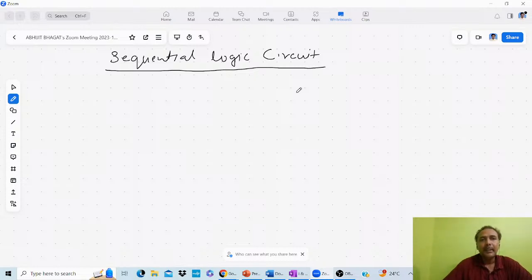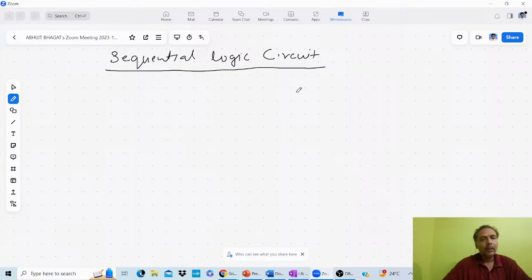This is the difference. In some cases of sequential logic circuits, a separate memory element is also used, which can store the output and which is used as per requirement at different times. So these are the differences between combinational and sequential logic circuits.